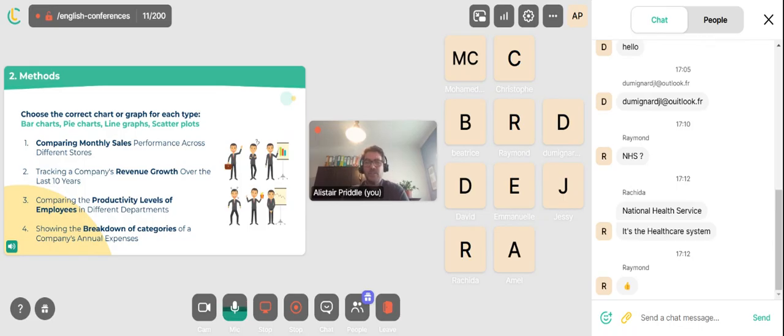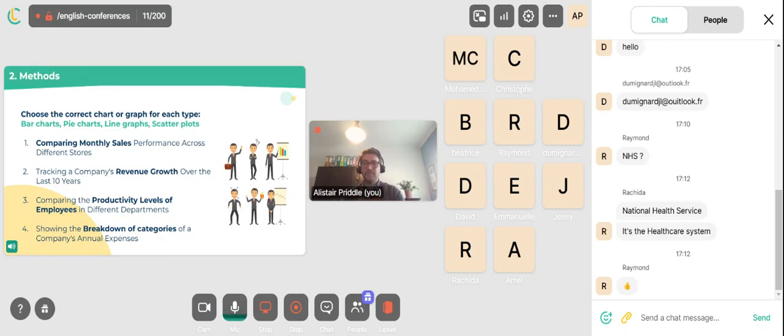contextual situations. Number 1, comparing monthly sales performance across different stores. Does this use a bar chart, a pie chart, a line graph, or a scatter plot? If you wish to participate, you can put your answers into the chat.